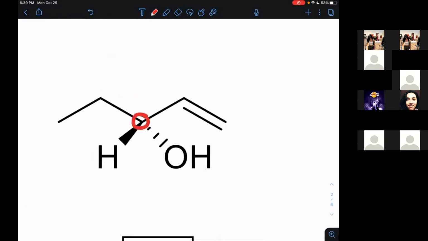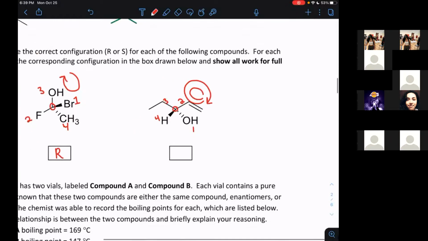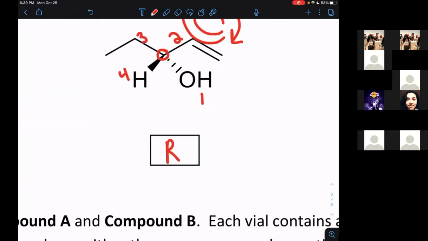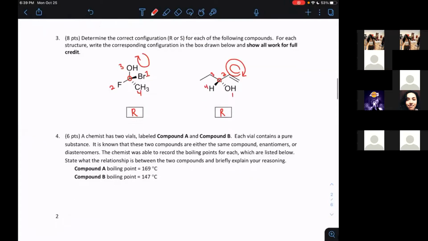And this one is our chiral center. This is 4, 1, 2, 3, because this one has a double bond. Since it's wedged, it's going to be the opposite way from what it's going. So it's this way, which is clockwise. So also R. Cool. So that's that one.